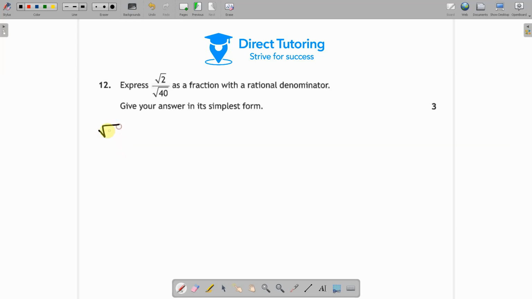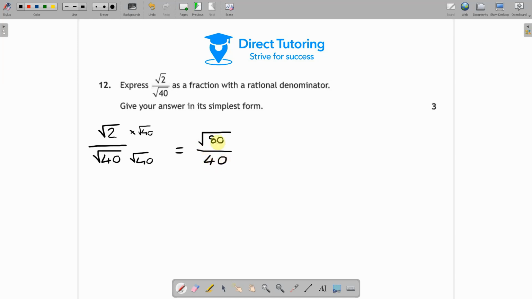So if we have the square root of 2 over the square root of 40. Now, if we start off by timesing the top and bottom by the square root of 40, then we get rid of the square root sign on the bottom of the fraction. So we end up with the square root of 80 over 40.